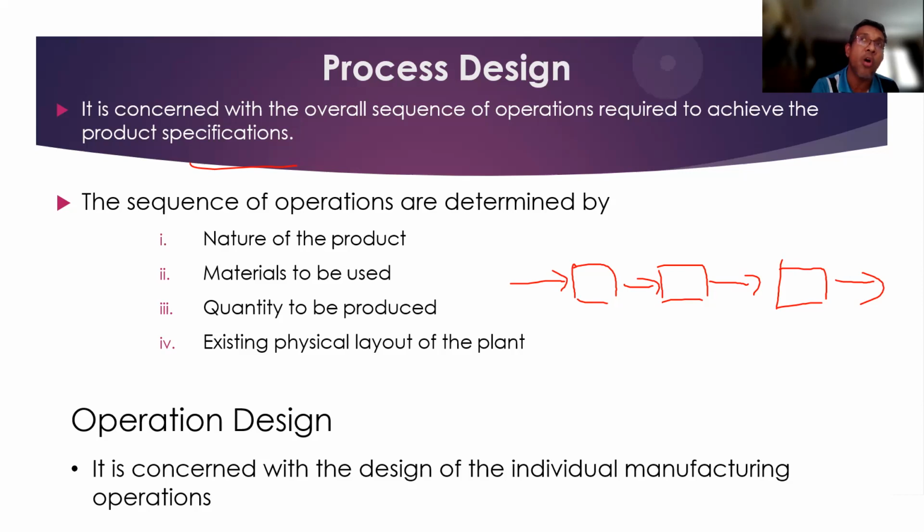So the output is always coming, like a gas or liquid. So that is the nature of product we need to consider, and the material used inside the process. What material will we use? So we relate it with the quantity of units to produce.